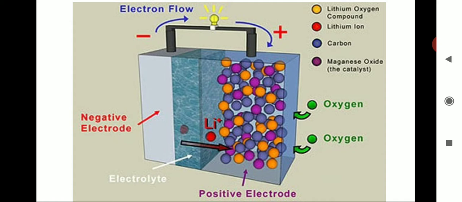Okay, mainly this chemical energy. So the battery produces chemical energy, and that chemical energy is converted into electrical energy. Okay, so because of this reaction inside the battery, a potential difference is produced between two terminals.